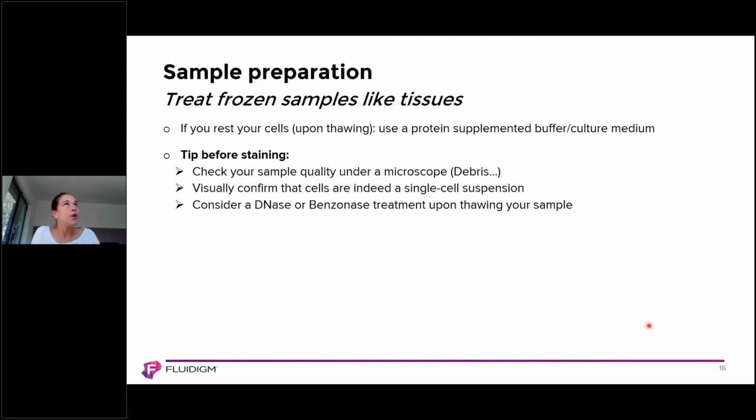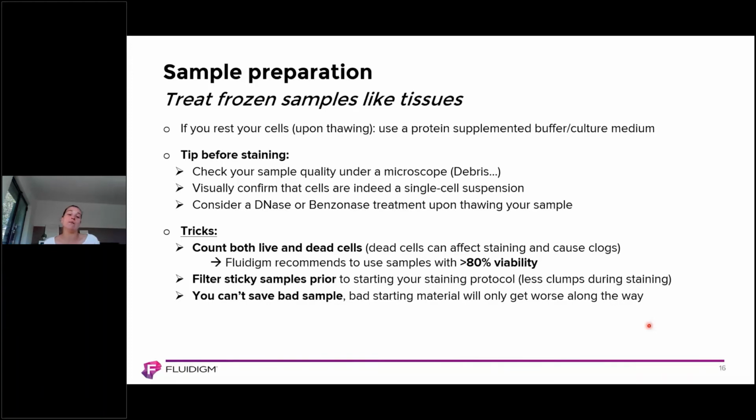So normally when people are working with frozen samples, they automatically do a DNase step. So in this way, it's not super long, and you can do the steps of DNase and resting at the same time at 37 degrees, and your samples will be better, and you will have less clumping during the acquisition also.